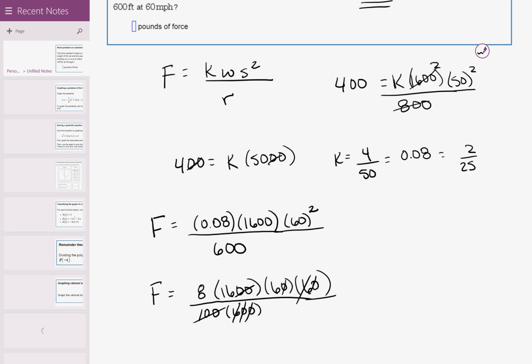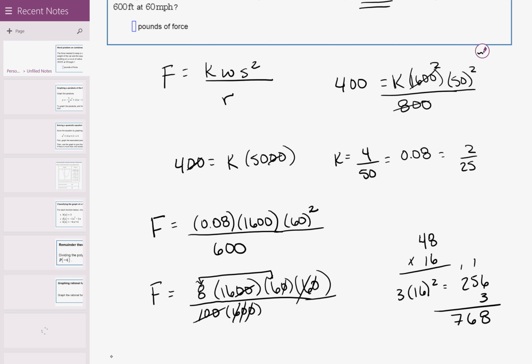And so what I am left with is 8 times 6 times 16, or 48 times 16. That's the same thing as 3 times 16 squared. 16 squared is 256. And so it would take 768 pounds of force.